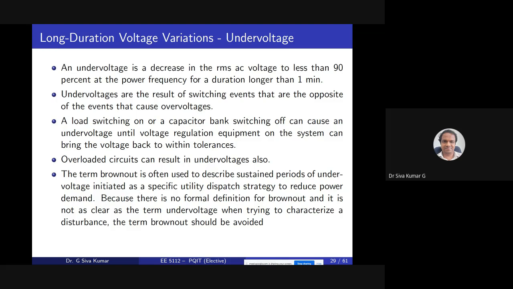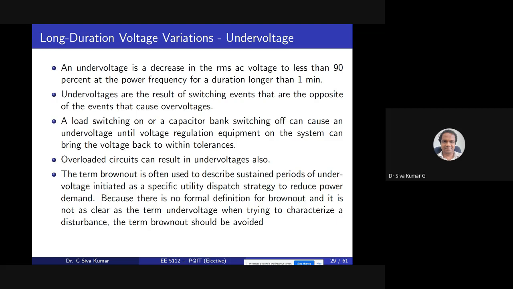The term brownout is often used to describe sustained periods of undervoltage initiated as a specific utility dispatch strategy to reduce the power demand. It is basically some kind of strategy to sustain the periods of undervoltages.